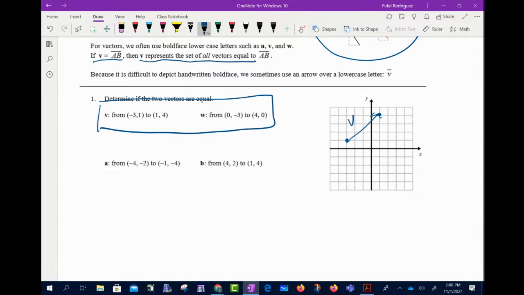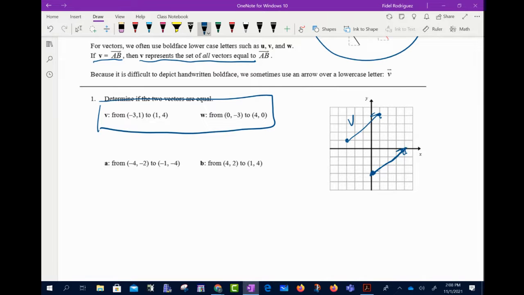Okay, let's do the same thing from (0, -3) to (4, 0). So (0, -3) is going to be 1, 2, 3 down, and (4, 0) is going to be 1, 2, 3, 4 to the right. Okay, so remember what we're trying to figure out.